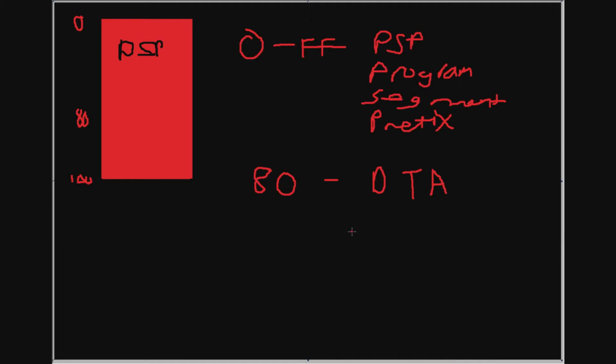Now at offset 1e into the DTA, that's going to be our file name. The offset of the file name returned by the search first function, relative to the program segment prefix, is 9e. That's what our DX register is going to be initialized with, to point to the file name.